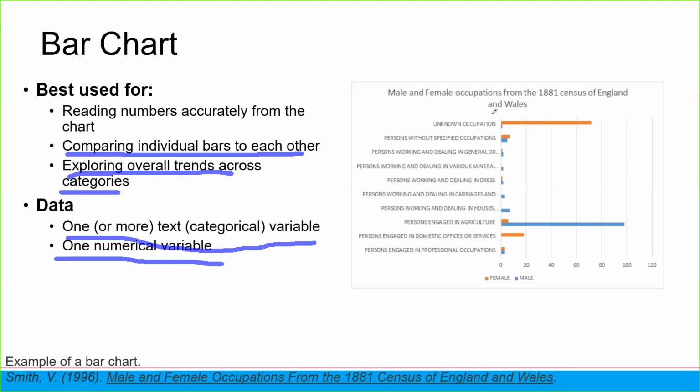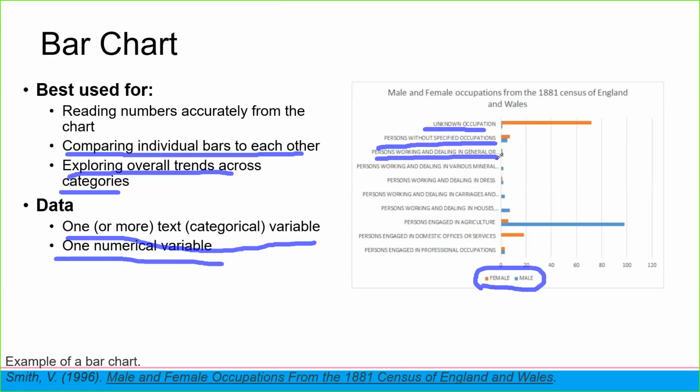For example, here we distinguish between male and female. So it is categorical. And then we have unknown occupation, person without specified occupation, person working and dealing in general, and so on, maybe organization.